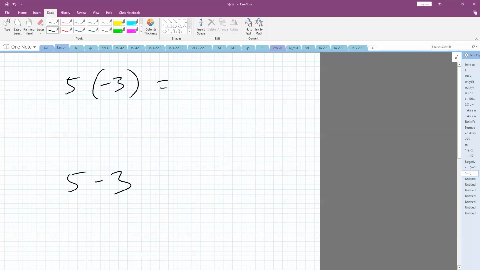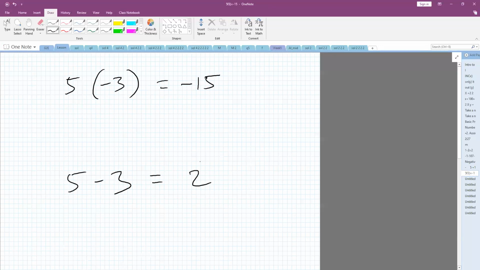So what does it mean if I have 5 and then bracket -3? Oh no, you have to times it. Okay. Yeah, so what is this? 5 and then bracket -3 gives -15. Now this one, the one that you just said. 2. This is 2.